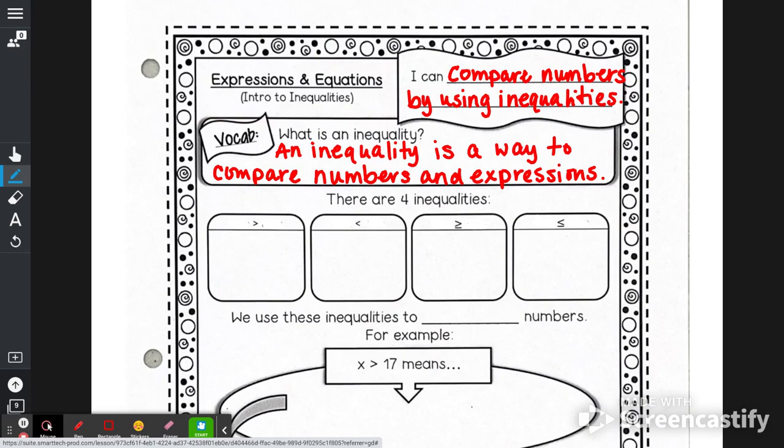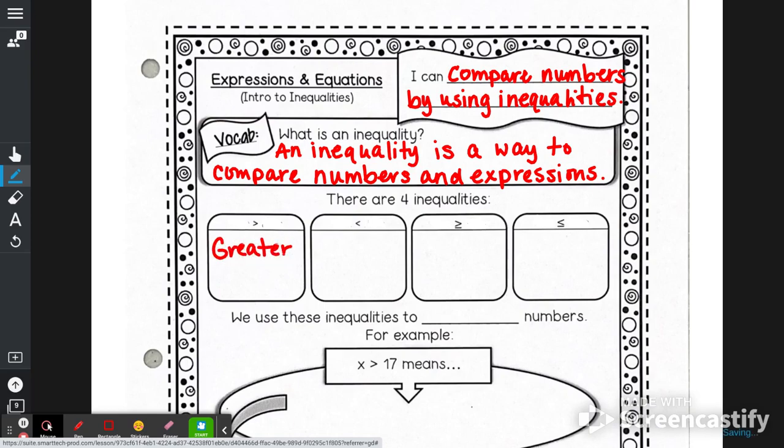So if you come to the open alligator mouth first, you're going to read that opening first. So for instance, if this said 5 is what to 2, because you come to the open mouth first, you're going to say greater than.